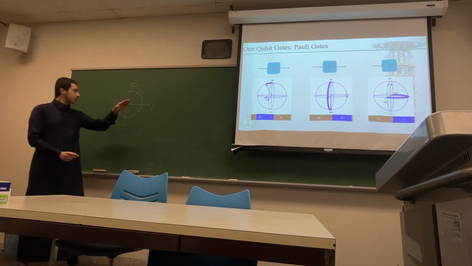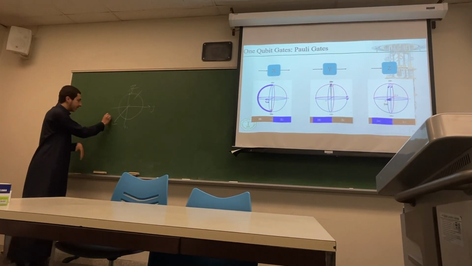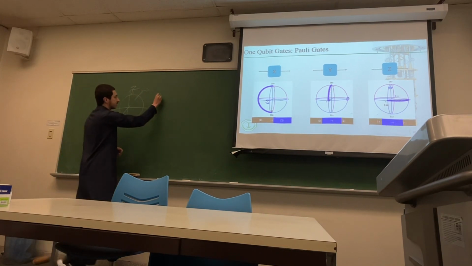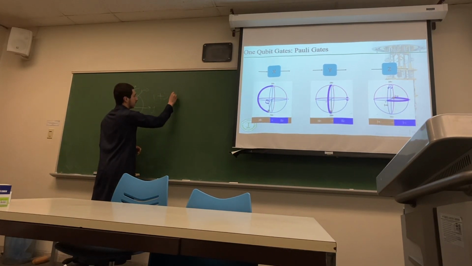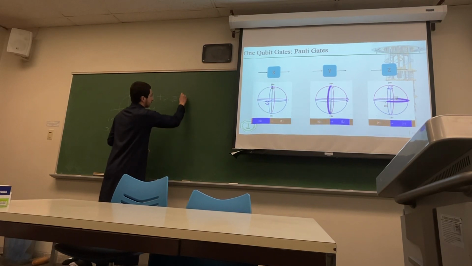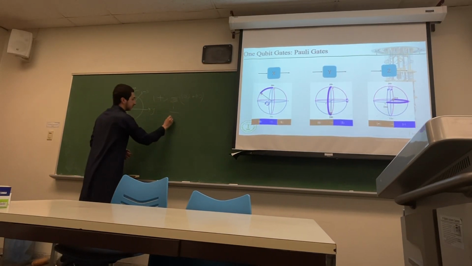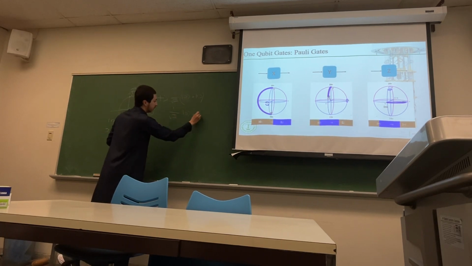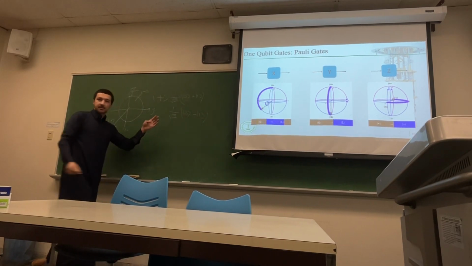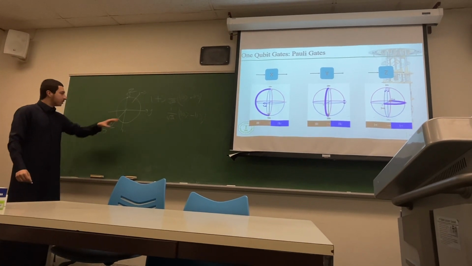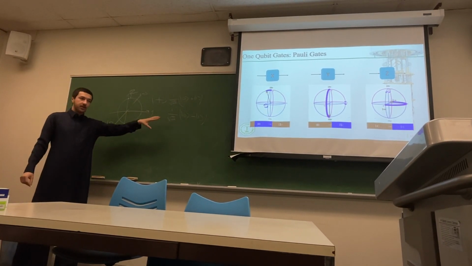So sometimes we go to the x-axis, and we have a plus state and a minus state. A plus is like this, and a minus is the same thing with a minus 1. It's a very commonly used state. They're related to the Bell states as well. We don't really use the Y, but it's related to the phase flip.